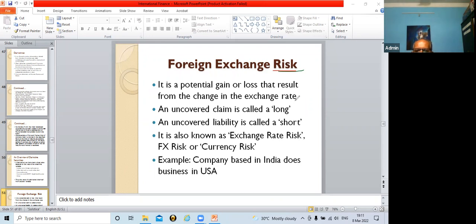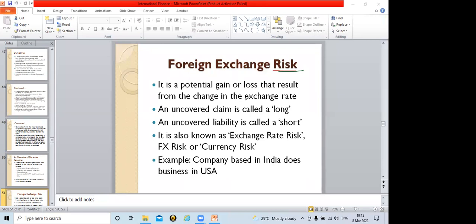Today's rate is 76 rupees. So in order to purchase $10, we will have to deposit 76 multiplied by 10, that comes to 760 rupees. So if we pay 760 rupees, then only we will get $10. Am I correct?